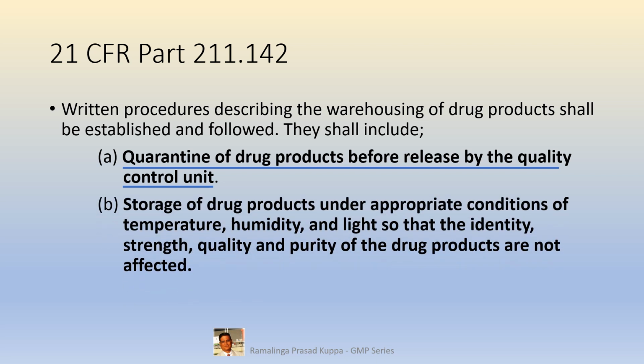Storage of drug products under appropriate conditions of temperature, humidity, and light so that the identity, strength, quality, purity of the drug products are not affected. These conditions are like the conditions as prescribed in ICH Q7.